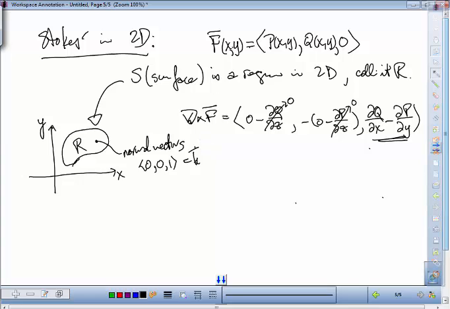And then the positive orientation means this is going in the counterclockwise direction. So this is really forming up to be exactly Green's theorem. That's what we're going to get.